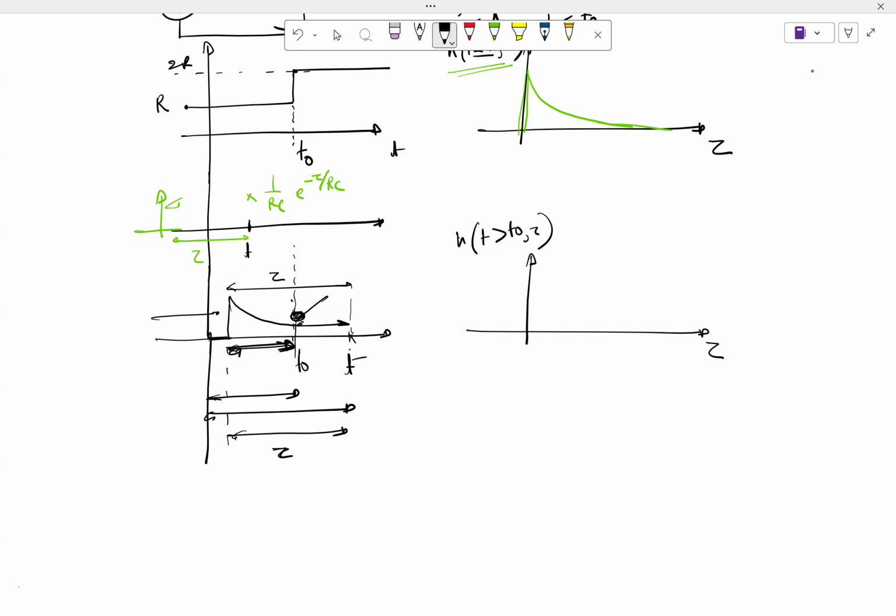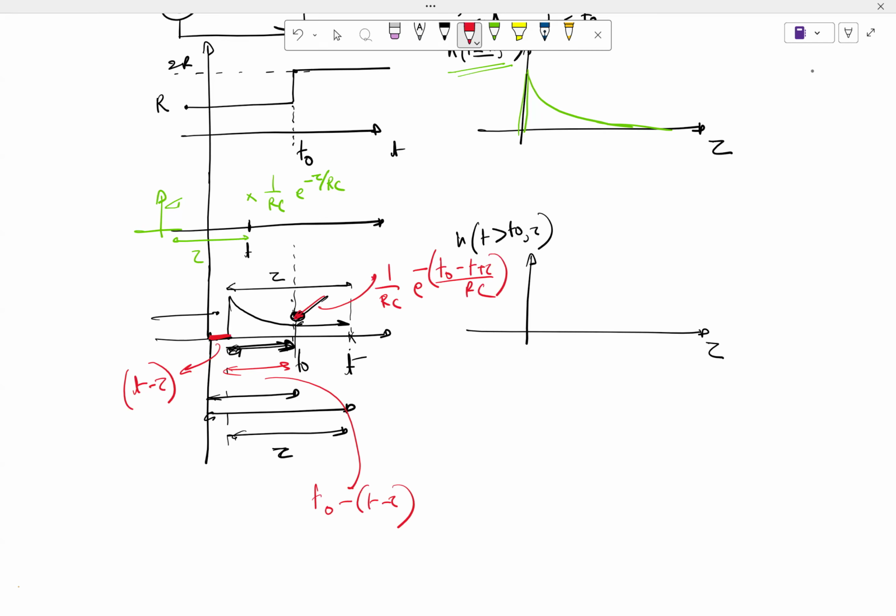T minus tau. So what is this part? T naught minus tau. Correct? So the value after the decay will be 1 over RC e power minus of T naught minus tau, over RC. Correct?